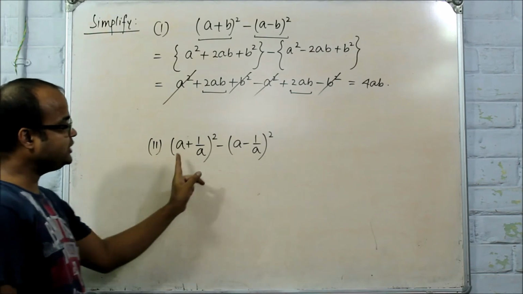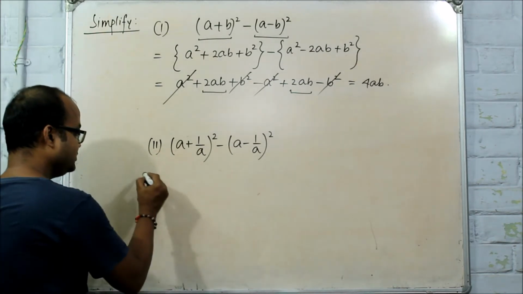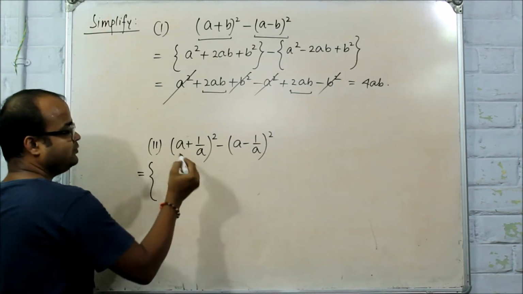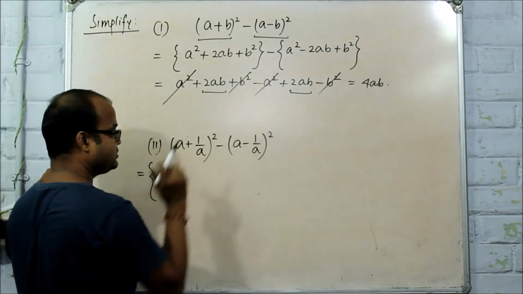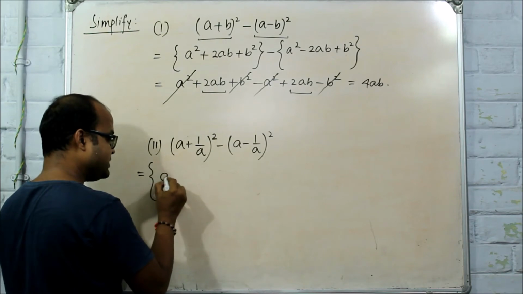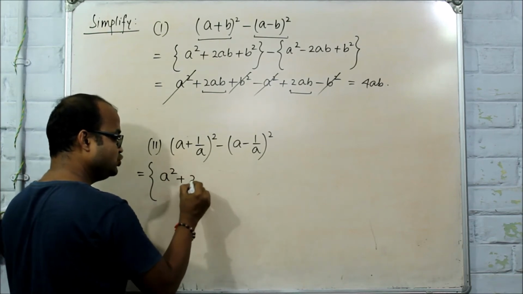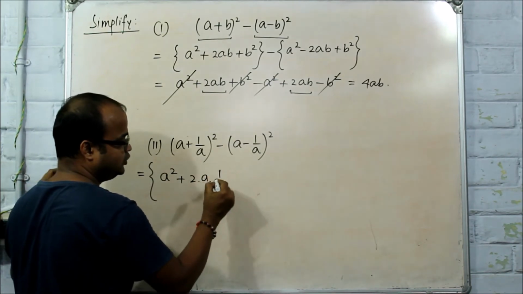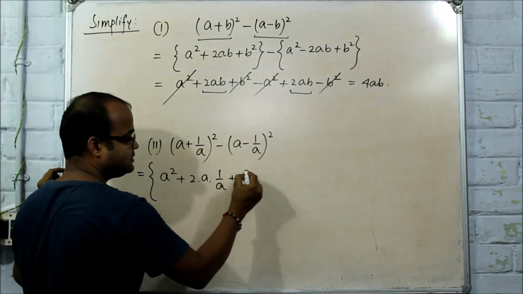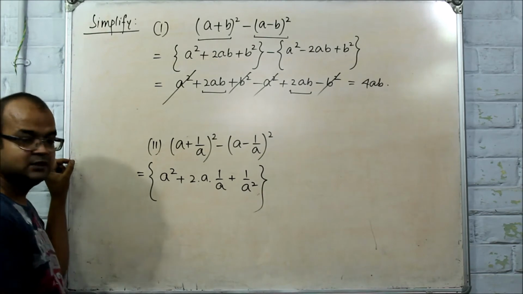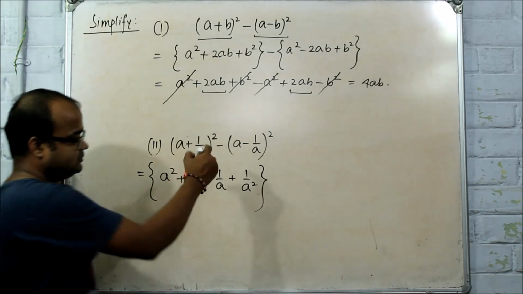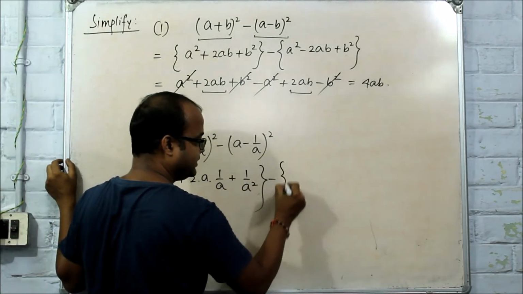Same way we are going to solve this one. First I am going to apply the formula a plus b whole square, a minus b square. So a plus b whole square means a square plus 2 into a into b plus b square. Clear? Here we are going to apply the minus formula.